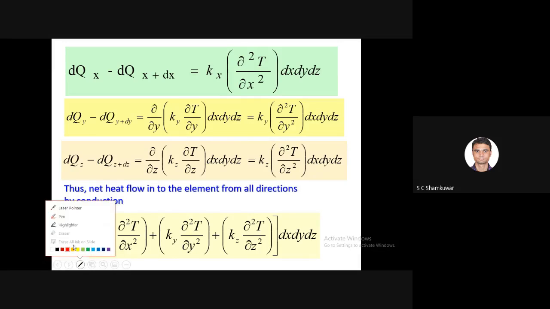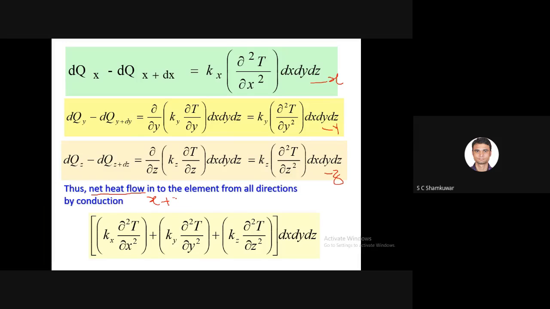So now this is the total heat change in x direction, total heat change in y direction, and total heat change in z direction. Now, if you want a net heat flow, then you need to add x plus y plus z. Then what you will get? Kx into this term plus ky into this term plus kz into this term, and this is a constant dx, dy, and dz.